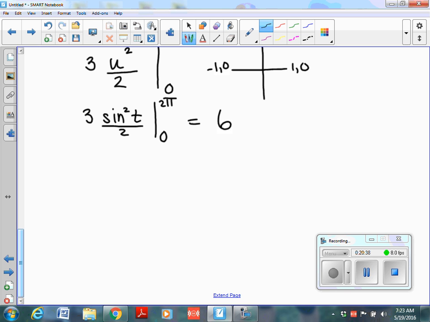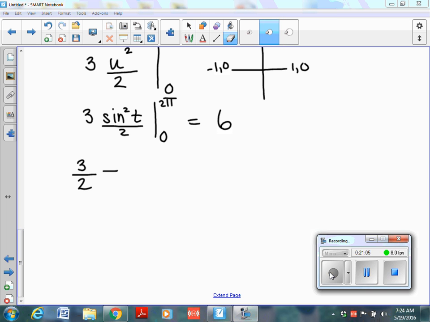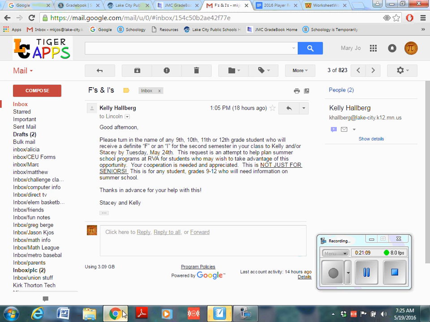So if I plug in the sine squared t of 2t, which is 1, and we're going to get 3 halves. And then when you minus, when you plug 0 in, okay, I want to finish this. No, you don't get 6 when you plug that in.